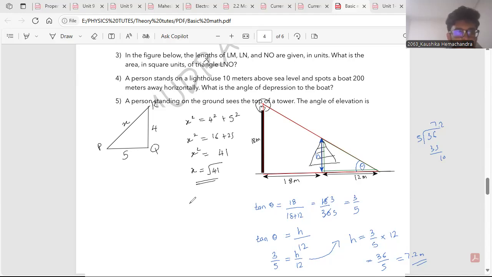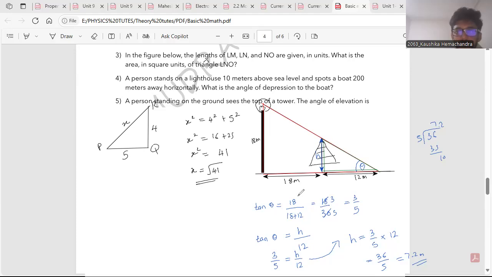Let's go to the next question. So this is the big triangle. The angle is theta, and for the small triangle it's also the same angle.